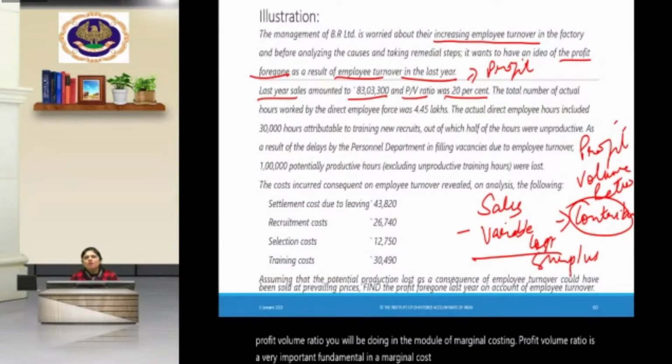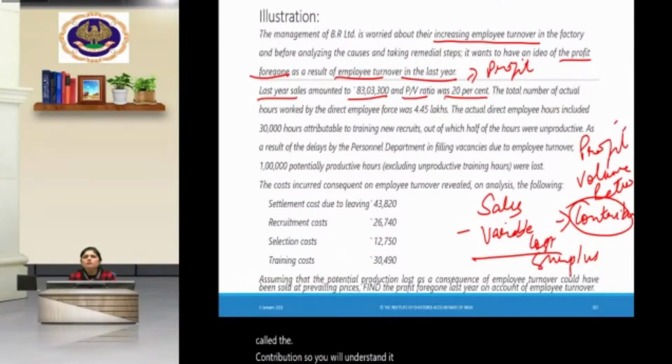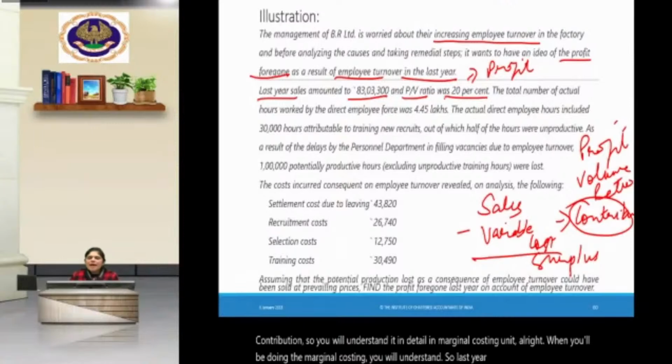It means contribution, and in simplest terms, the profit percentage. You will understand it in detail in the marginal costing unit. So last year sales was this, and the profit percentage or contribution of last year was 20% on sales.